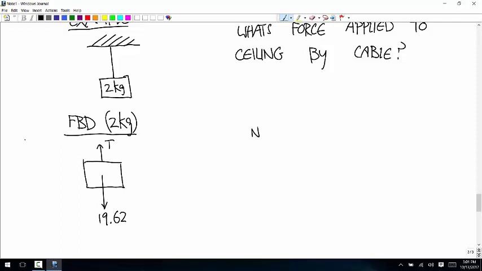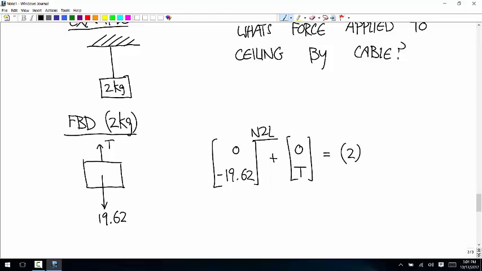And then write Newton's second law. So we have 0, negative 19.62 for the weight. And for the cable force, we have 0, positive T. And that's equal to mass, 2, times the acceleration of that box. That box is just hanging there. It's not moving, so the acceleration is 0.